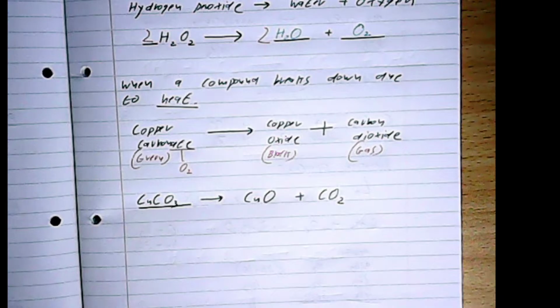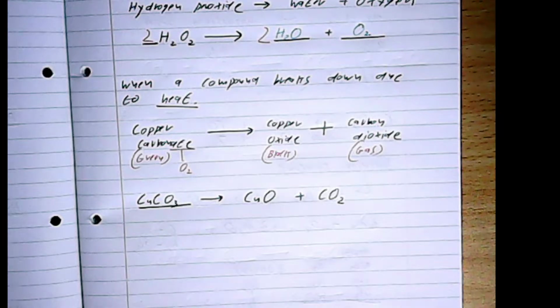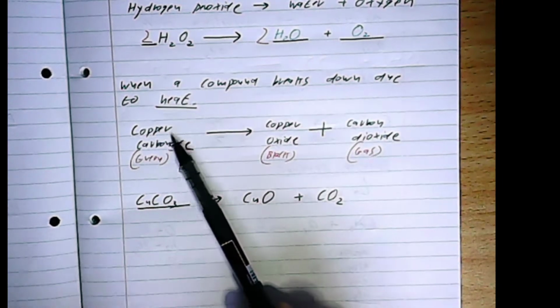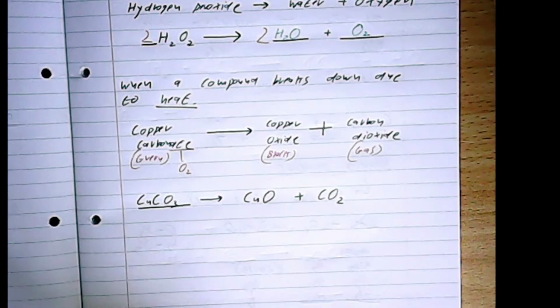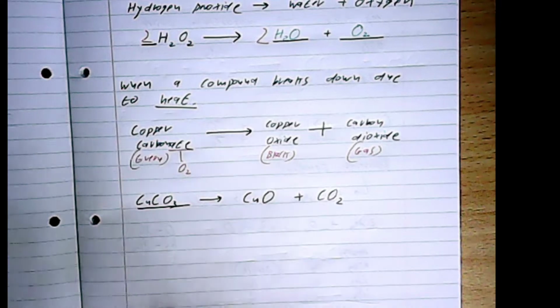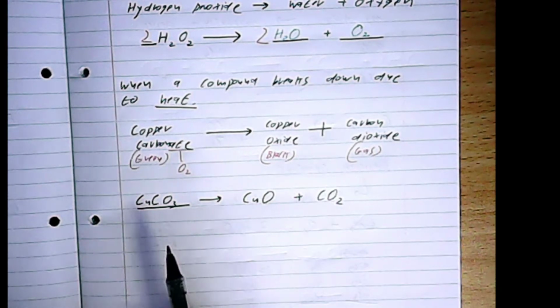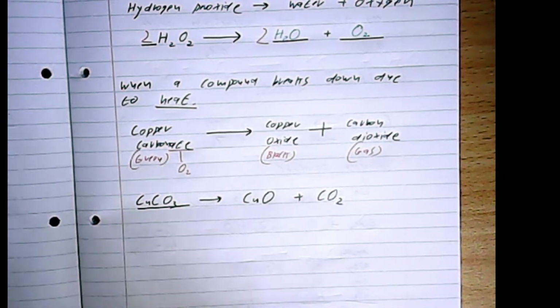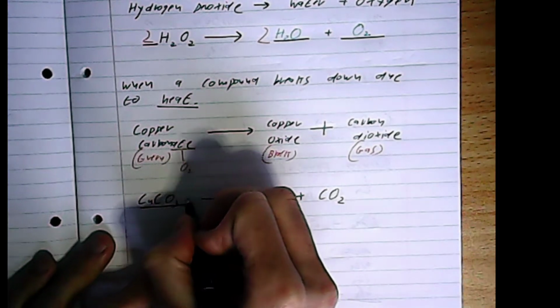Now we're going to introduce an extra little bit of complexity when it comes to formula equations, that you'll see as you go on through the school, and that is the states in which those compounds appear. Now we said earlier that copper carbonate is like a green powder or a green solid, so in order to show what state the chemicals in a reaction are in, we write a little S in brackets.